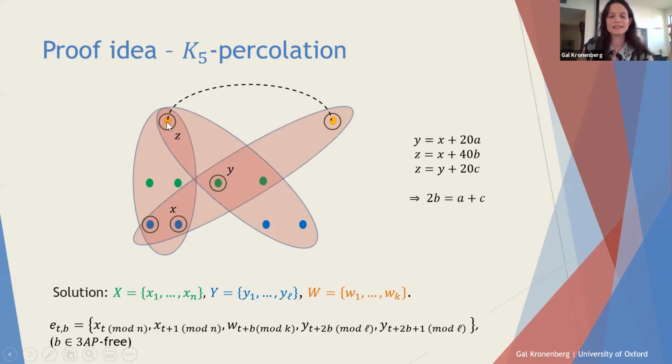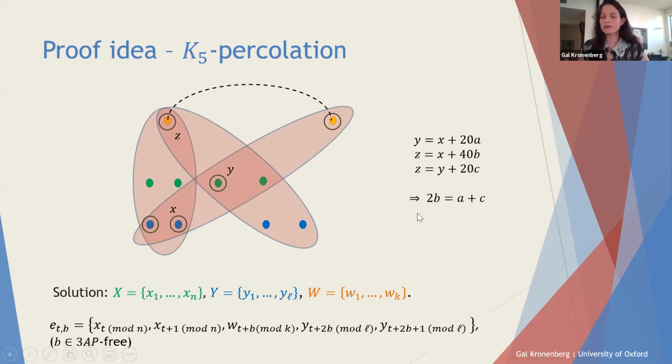And I will take z, oh, here z is w, of course. W is z, so I will not take wt, I will take wt plus b. And I will go over a set which I know doesn't contain this three-term arithmetic progression.